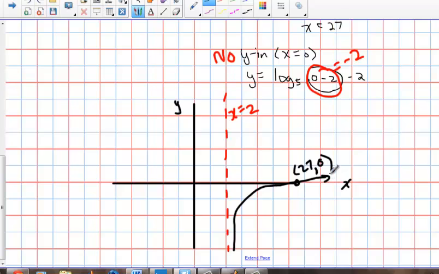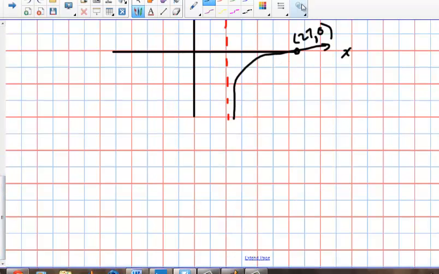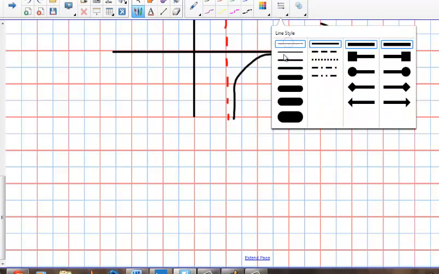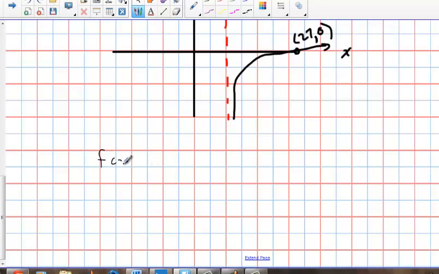Okay, for part 4 we want to solve f of x equals negative 1 algebraically and check the solution on the graph. Alright, so what we're going to do is solve f of x equals negative 1.